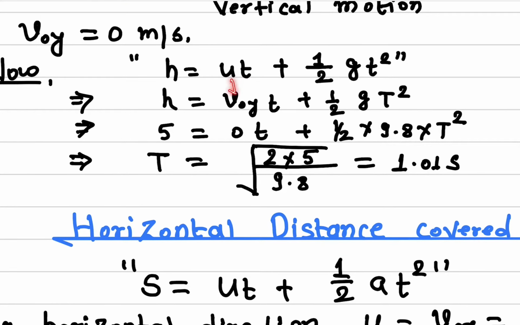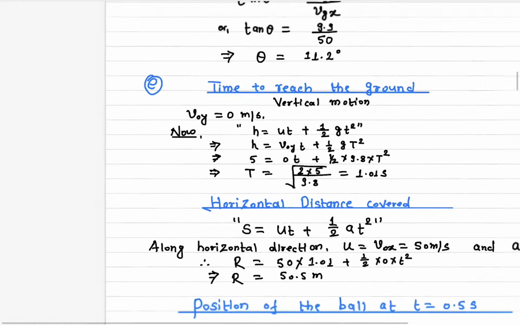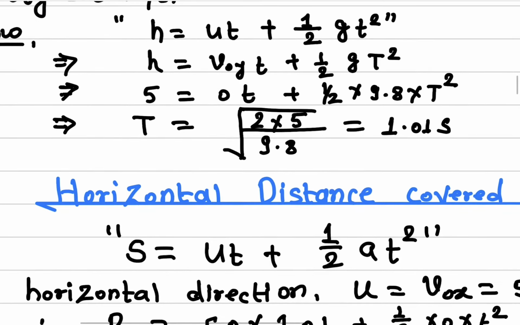The initial velocity is v0y. The height is given, which is 5 meters. The initial velocity is 0 and half g is 9.8, and here I'm calling the time capital T. This time, capital T, stands for the time of flight. That means how long the object remains in the air, or how long it takes to reach the ground. That's exactly the same thing.